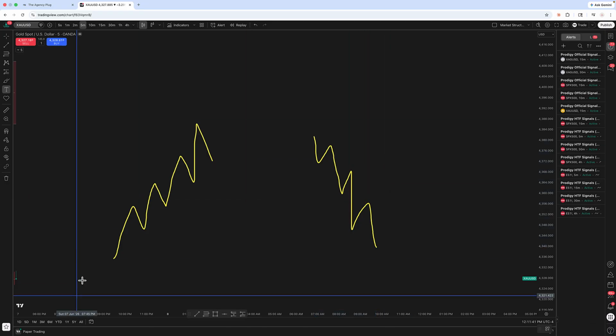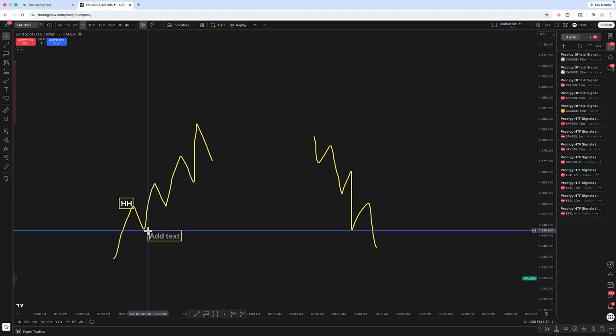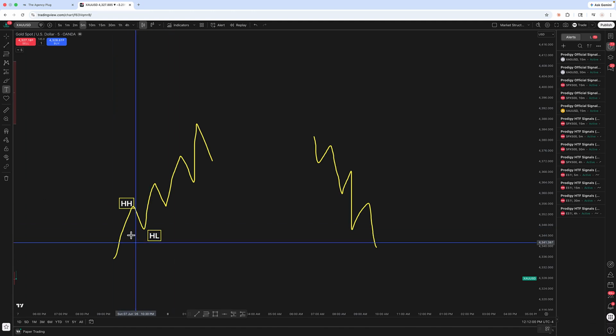When it's doing the uptrend, it's creating something called a higher high, and then it creates something called a higher low. And this higher low is not created till you break this higher high.